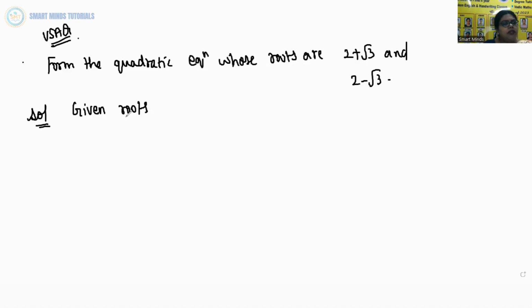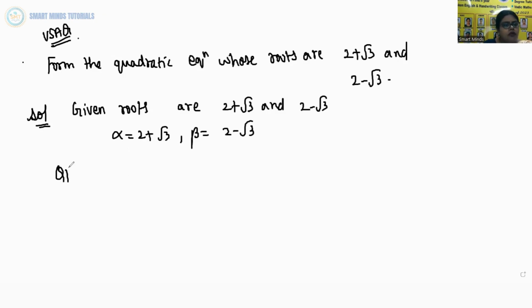Roots are nothing but the values of x. So given roots are 2 plus root 3 and 2 minus root 3. Let's say alpha is 2 plus root 3 and beta is 2 minus root 3. When roots are given, how do we find the quadratic equation?